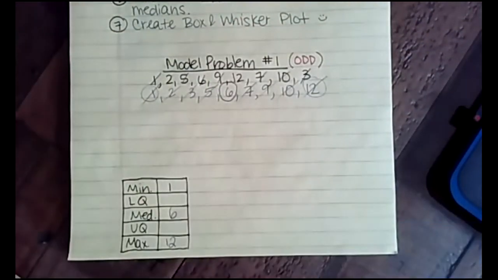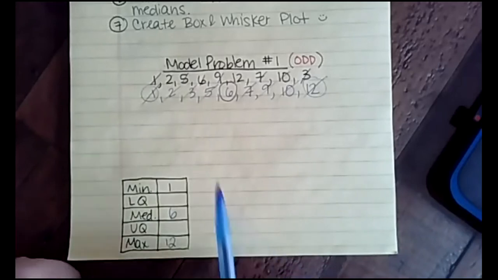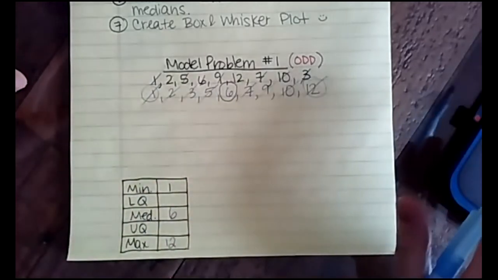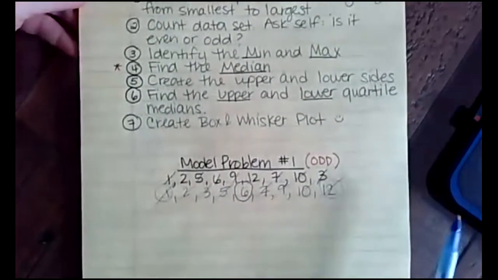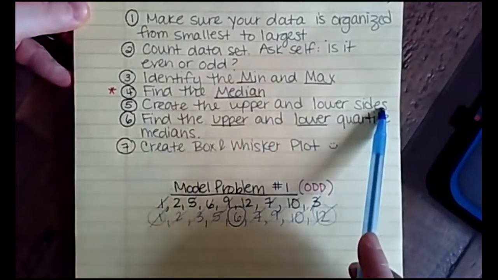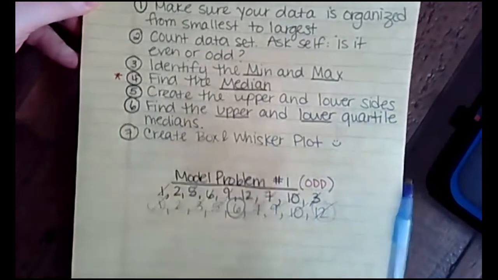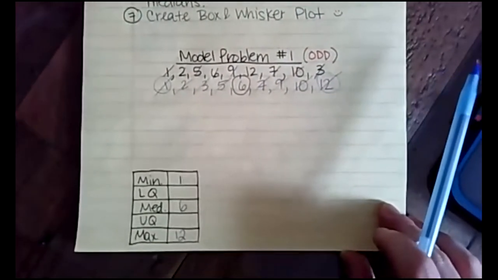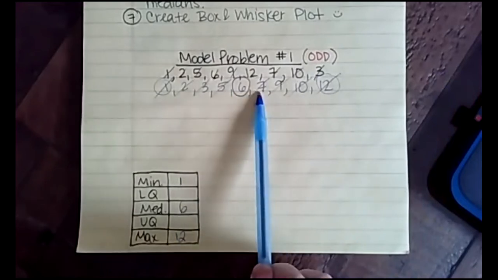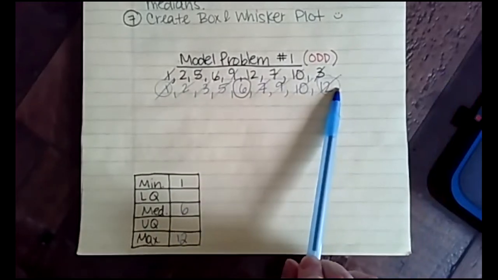Now, something interesting happens for Box and Whisker. So since 6 is my median, it automatically becomes excluded from the rest of the data, right? Now, what does that mean? I have to go ahead and create the upper and lower quartiles, or the sides, the upper and lower sides. And what does that mean? So anything before the median is the lower side, and anything after the median is the upper side.